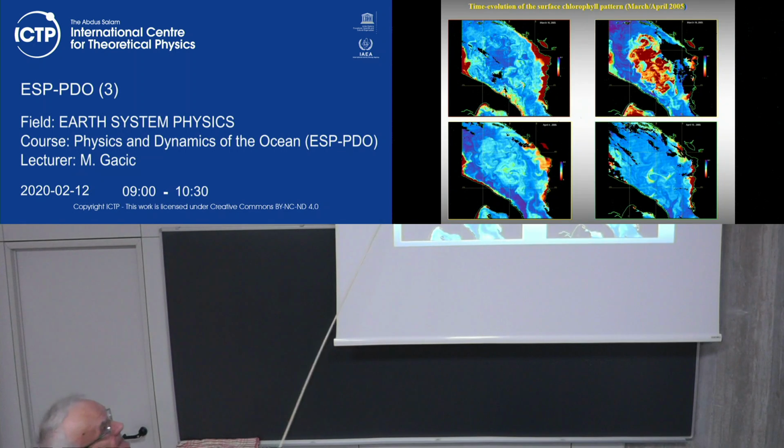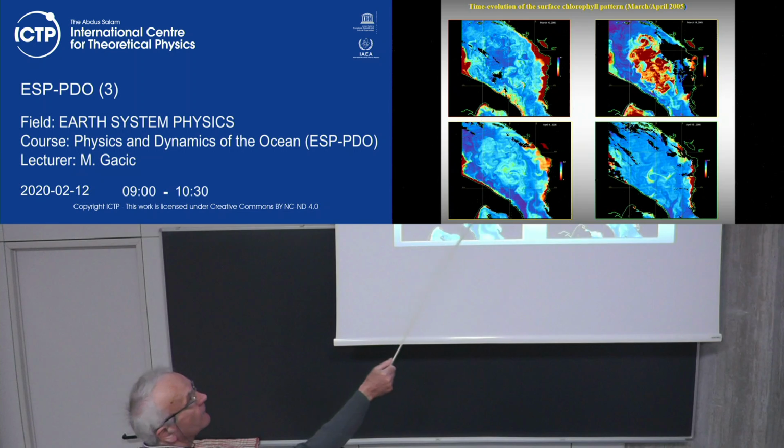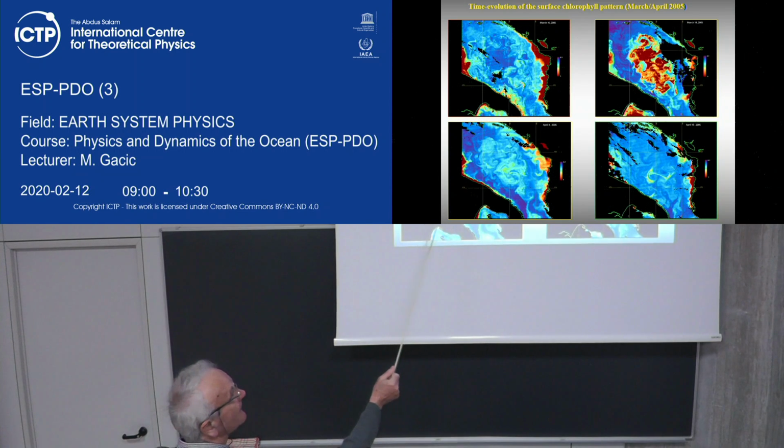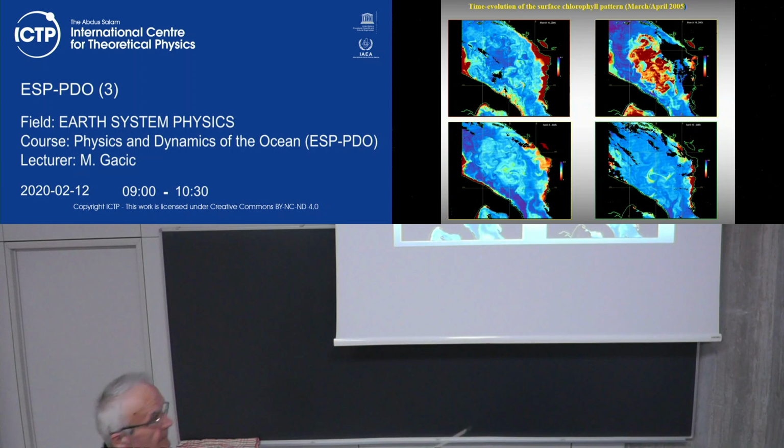So what you can see is that there are four satellite images, but of chlorophyll data. Chlorophyll data is really the color of the sea surface or the phytoplankton biomass for the ocean. Why do we use the phytoplankton biomass as an indicator of the dense water formation?